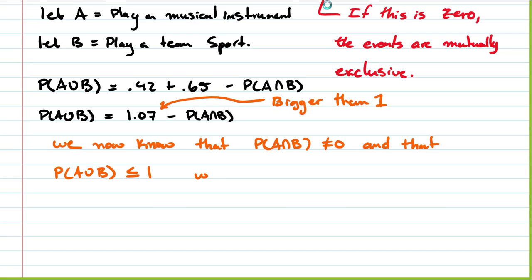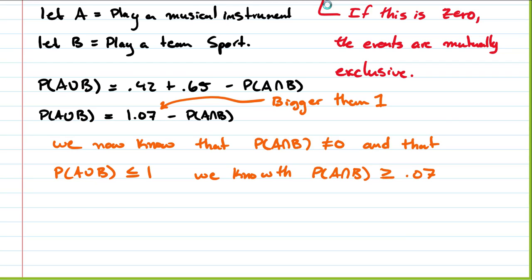So we know that the probability of A intersect B has to be bigger than or equal to 0.07. At least, right? Because if it's 0.07, what's the probability of A or B? 1, which is the biggest it could be.